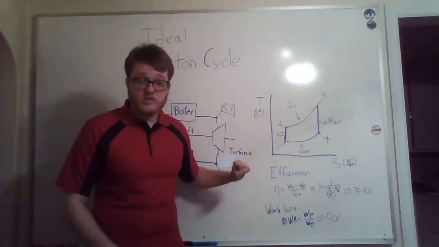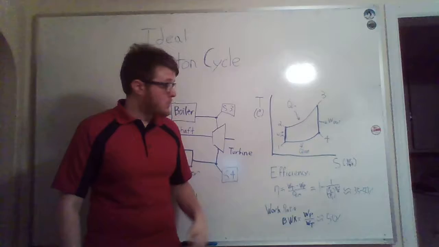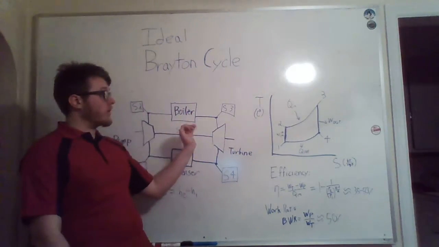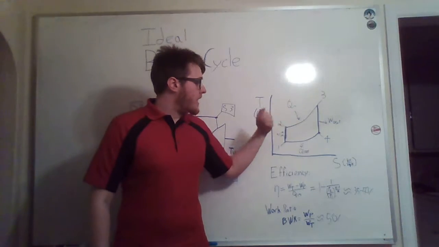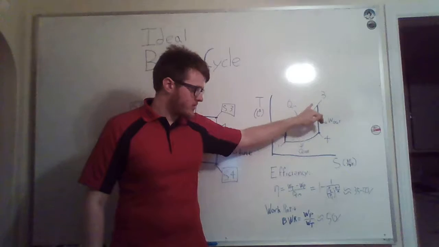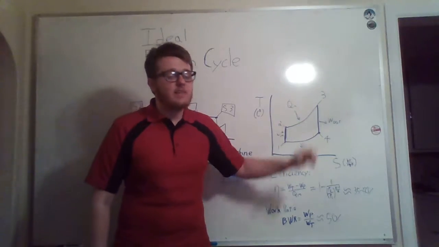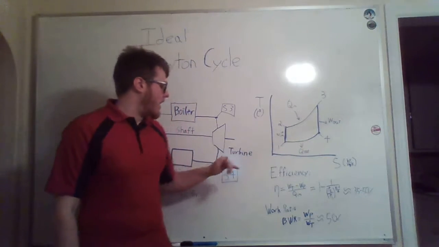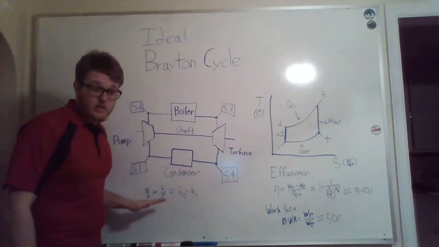This is where work into the system originally starts. Going from state 2 to state 3, this is across our boiler, where the temperature increases, and so does our entropy value. From state 3 to state 4, this is where work is leaving the system through our turbine. And obviously from state 4 to state 1, this is where the rest of the heat is leaving the entire system.